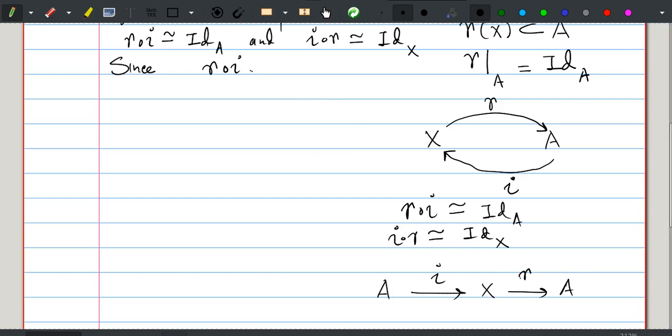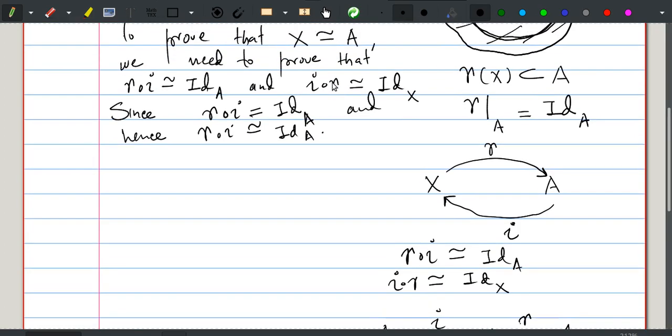So this is actually equality, this is actually the identity map on A, and hence R composite with I is homotopic to the identity because of this equality.